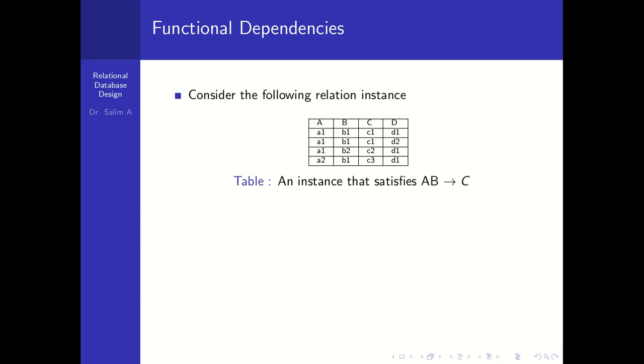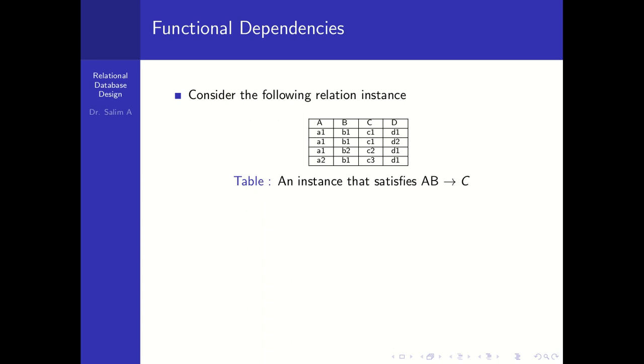Consider this example. Let there be four attributes A, B, C, D and four tuples having values A1, B1, C1, D1; A1, B1, C1, D2; A1, B2, C2, D1; A2, B1, C3, D1. AB determines C. Let this be a functional dependency. Is this functional dependency violated or not? The first tuple and second tuple have the same A, B value, A1, B1, so the X value is the same.